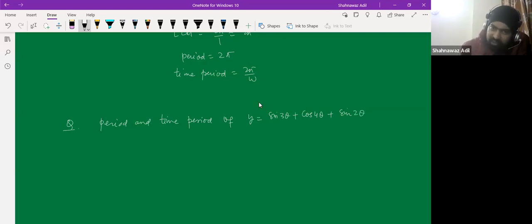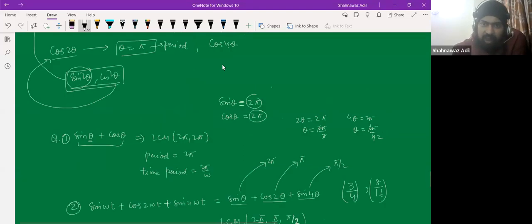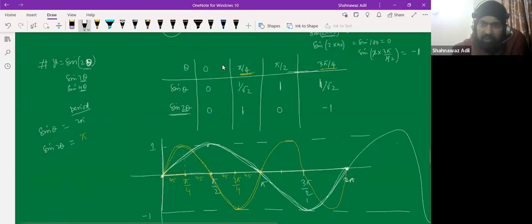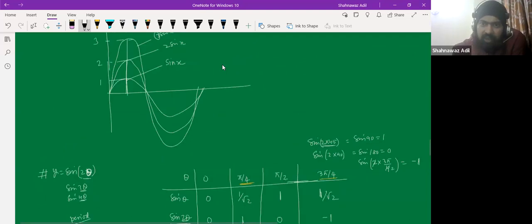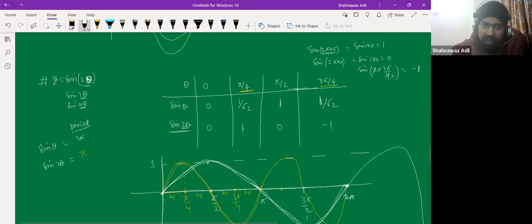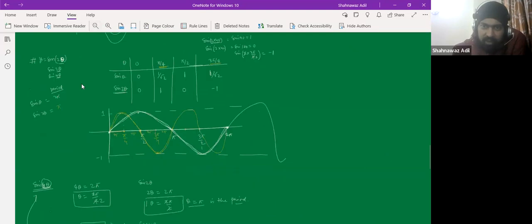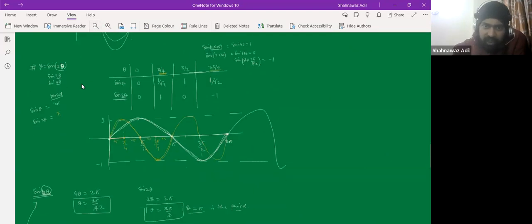So you have to calculate the time period of this function. Okay? Then please note down this part. Quickly note down this part, and then we will talk about the simple harmonic function, and I will quickly talk about all things which you need. So quickly note it down, guys.